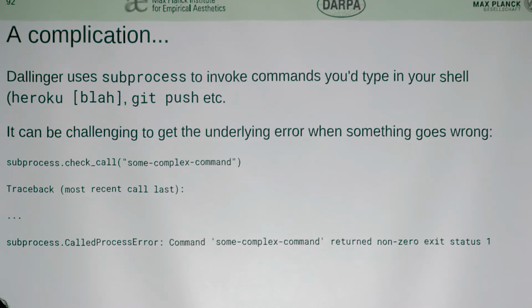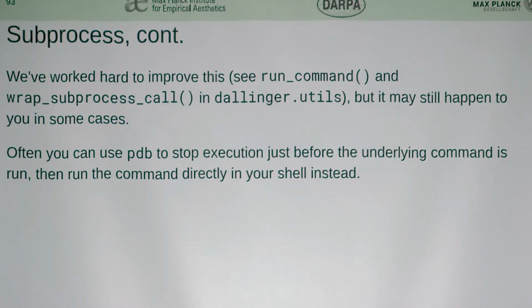And there's potentially a tremendous loss of information. You'll have some complicated command potentially with lots of arguments, and if you typed that directly in your shell, you'd get a very informative error if it didn't work. The Python subprocess module will often just give you this: your command returned a non-zero exit status, and that's all you get.